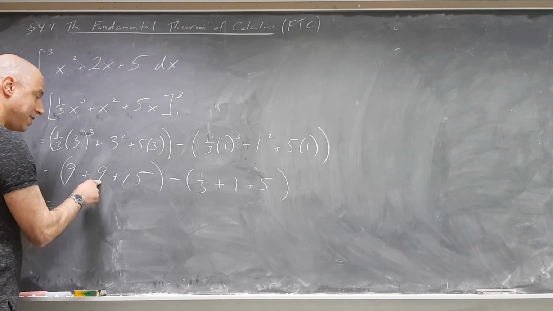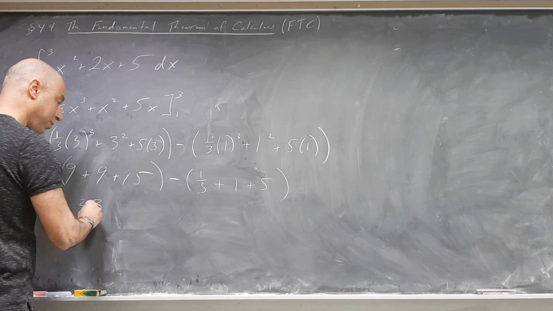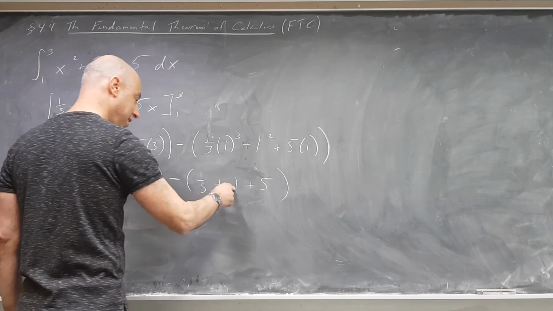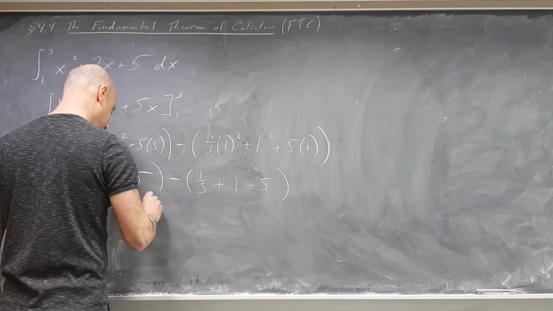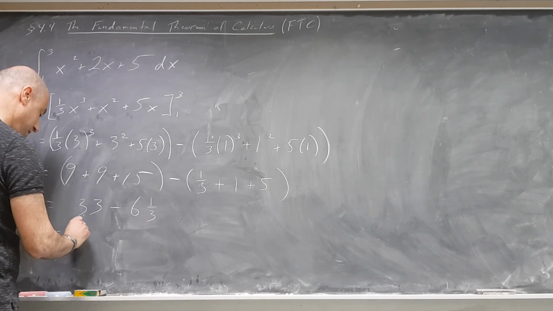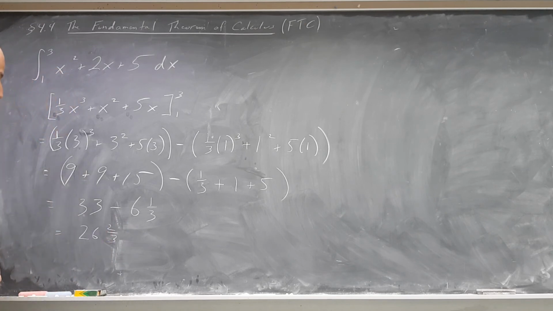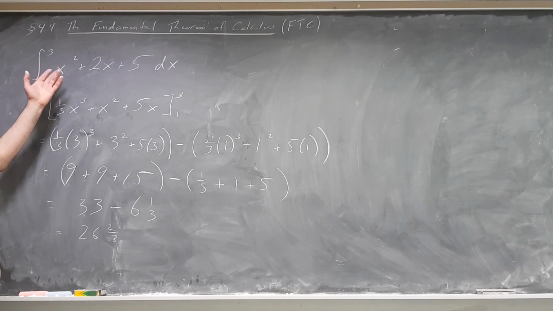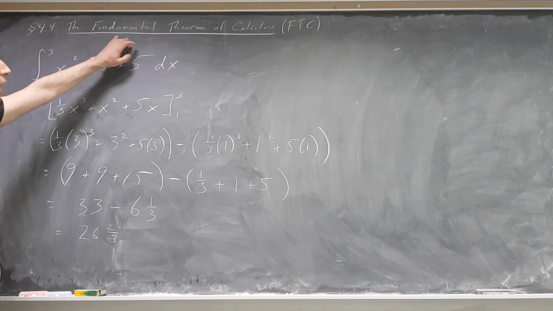We have 9 plus 9 is 18 plus 15 is 33 minus 6 1/3. So what is that? 26 2/3. If I've made an arithmetic mistake, you'll have to forgive me. But using the fundamental theorem of calculus part 1 is easy, provided that you can find an antiderivative for your integrand.